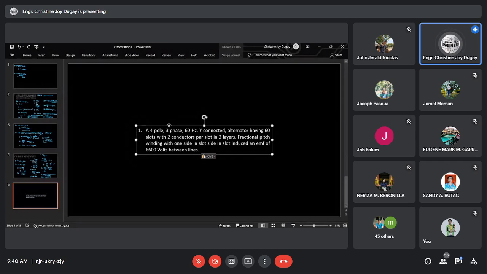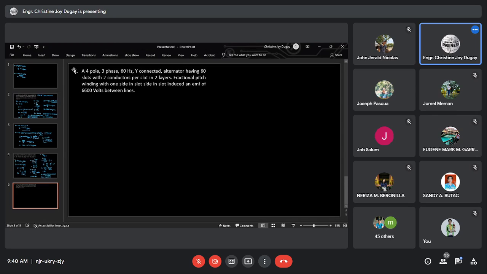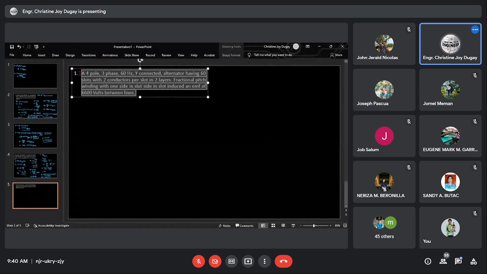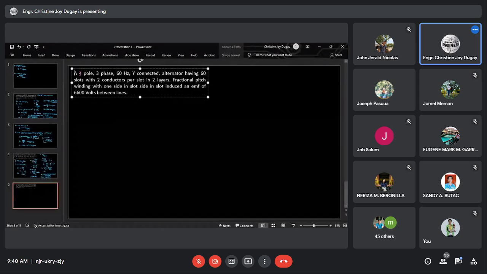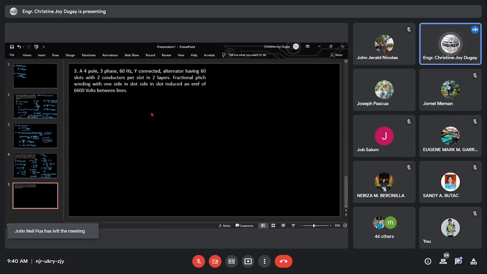A 3-phase 4-pole. So this is number 3. A 4-pole, 3-phase, 60 Hz, Y-connected alternator having 60 slots with 2 conductors per slot in 2 layers.